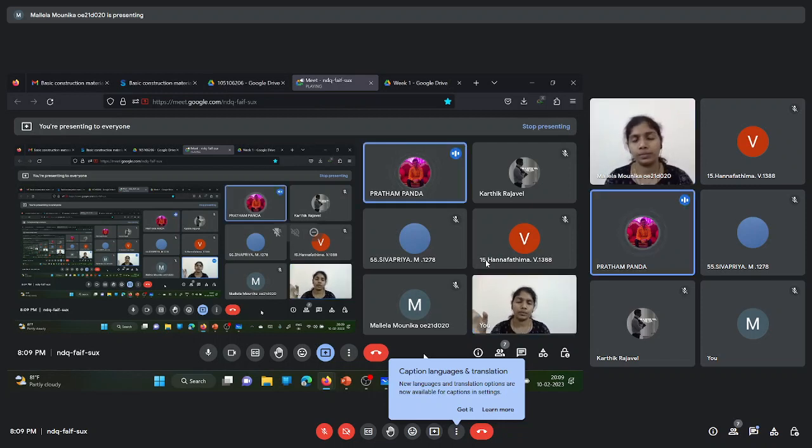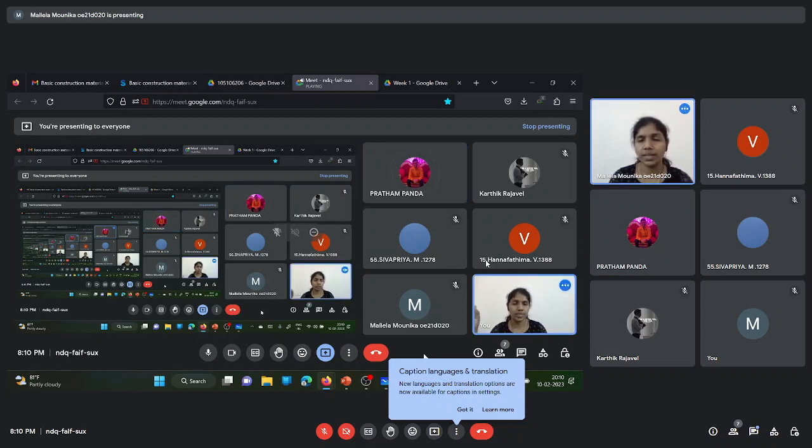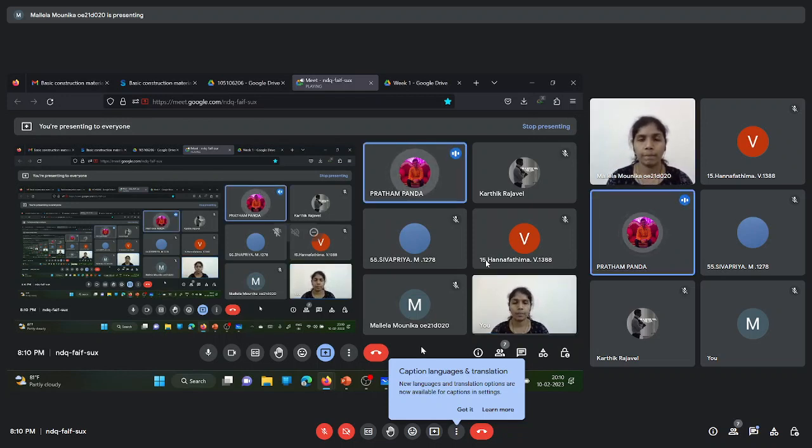Okay. And one last question, ma'am. Can civil engineers go for IT sectors and do coding like C, Java, Python? It depends on personal interest actually. If you want to be in the IT sector, then you can learn and go for that. It doesn't depend on the branch. Suppose I go for the IT sector, what are the things I can do?